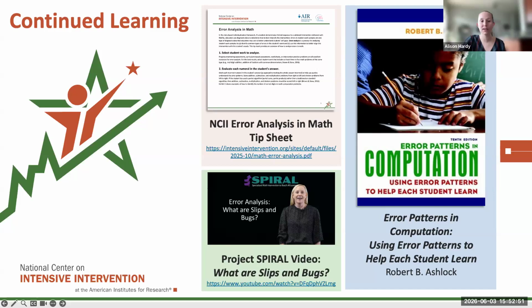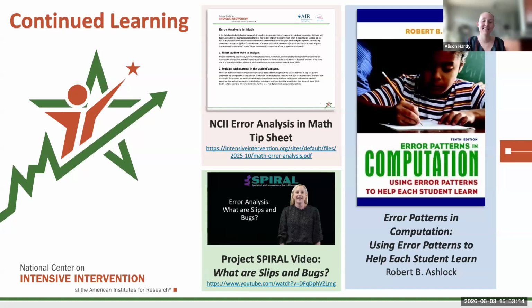Sure. So a lot of the content that we have learned regarding error analysis is from this great book called Error Patterns in Computation. So this would be a really great resource if you are particularly interested in helping identify error patterns in computation, which is the title of the book.